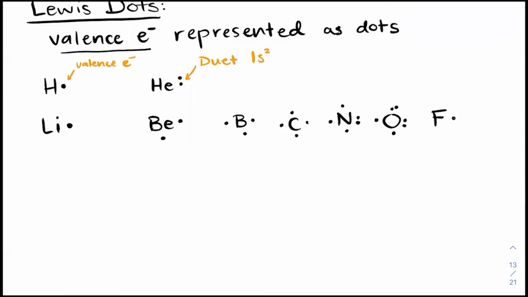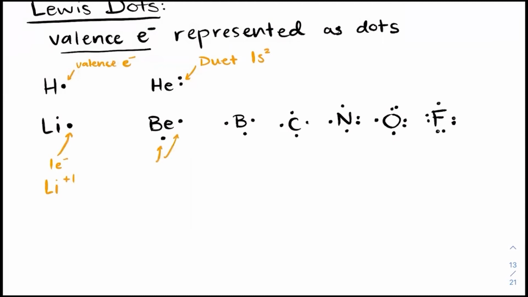The reason for this is to be able to describe how many valence electrons, and Lewis brilliantly came up with this idea to say, how many bonds do these elements tend to make? Well, lithium has 1 electron, so it will give up 1 electron to become lithium plus 1.